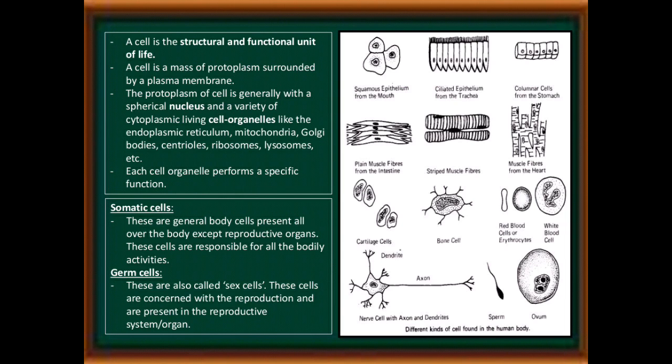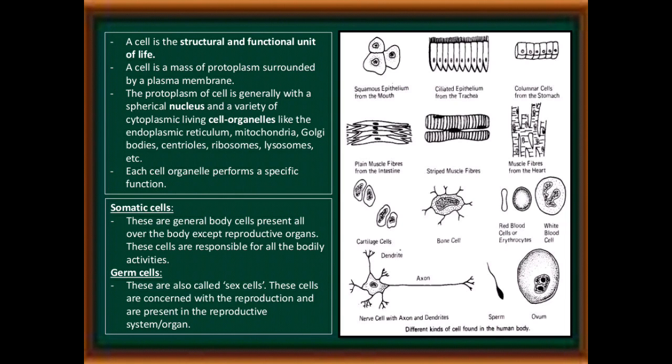See the different types of cells present in our body. Squamous epithelium present in the mouth, ciliated epithelium present in the trachea, that is the windpipe. Glandular cells form the stomach. Striped muscle fibers present in our muscles.